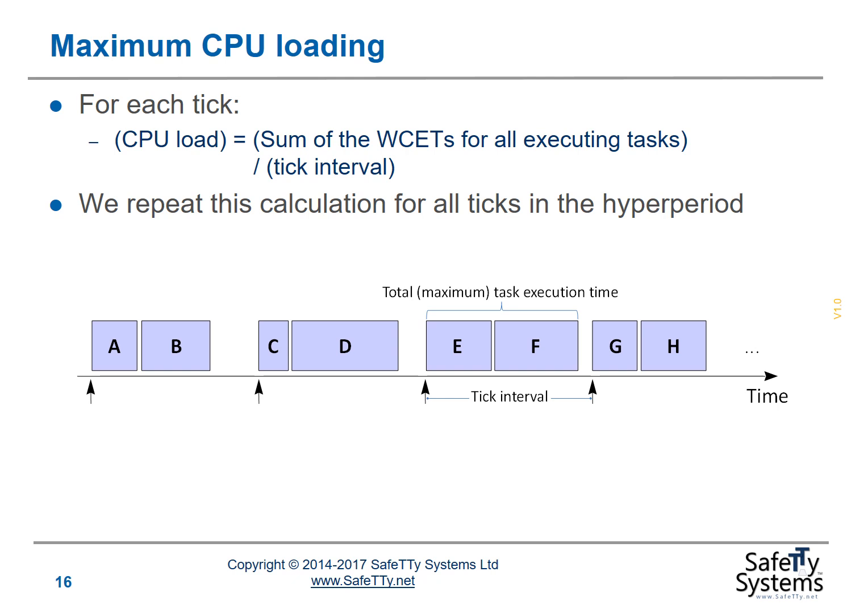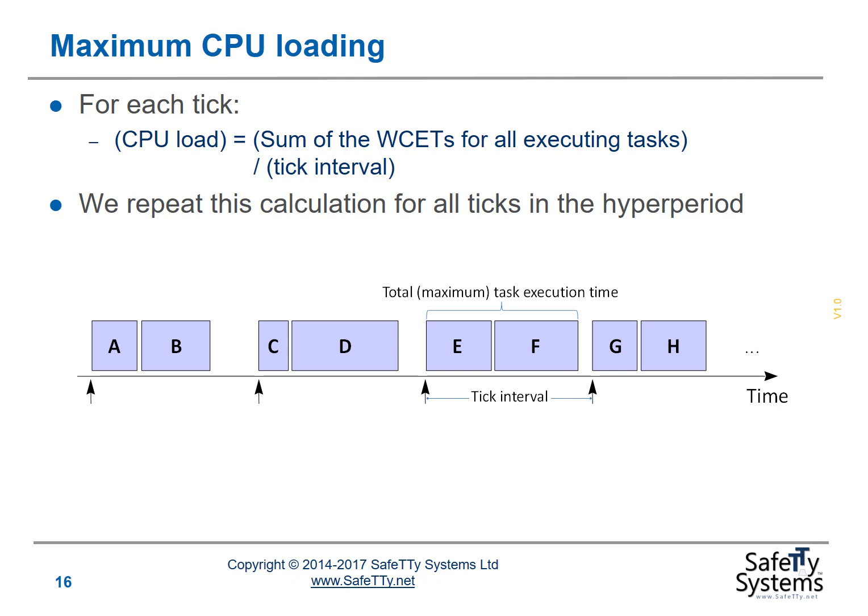So we have, in this case, 4 tick intervals that we need to consider. To work out the maximum CPU load, we need to know the worst case execution time of each of the tasks in the system. Again, we'll say a little more about that in later videos, and we'll look at some code examples that allow you to work out what the worst case execution time is. Once we know what the worst case execution time is, and we know what the tick list looks like, we can check which tick interval has the tasks released in it that have a combined worst case execution time that is at a maximum level.